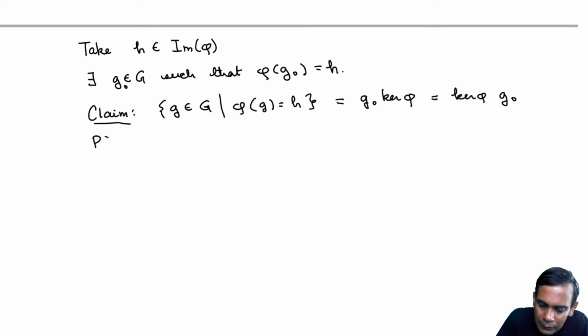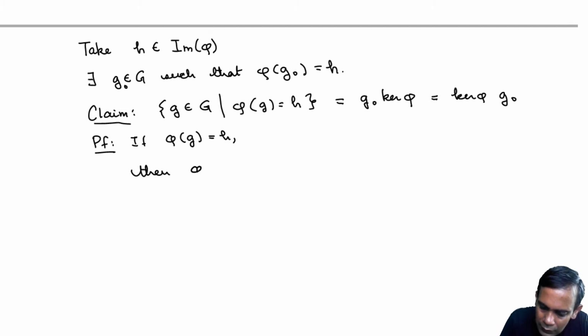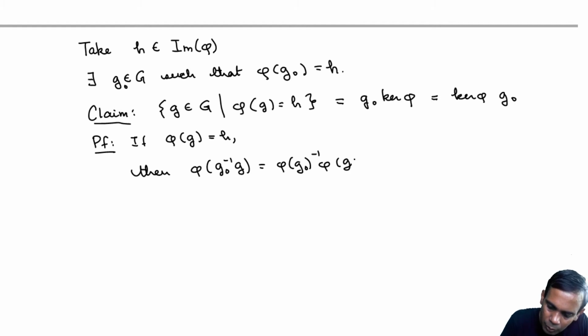The proof is quite easy. If phi of g is equal to h, then phi of g0 inverse g is phi of g0 inverse times phi of g by the properties of homomorphisms, but phi of g0 inverse is h inverse, and phi of g is also h.